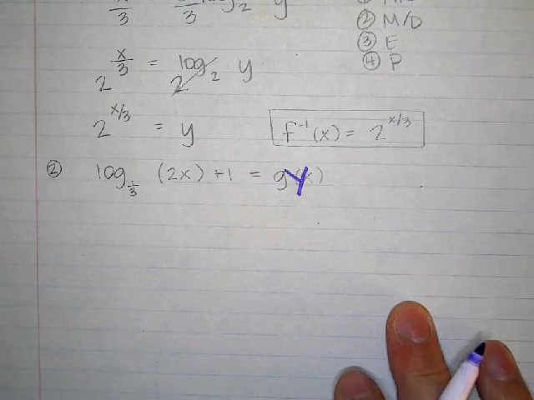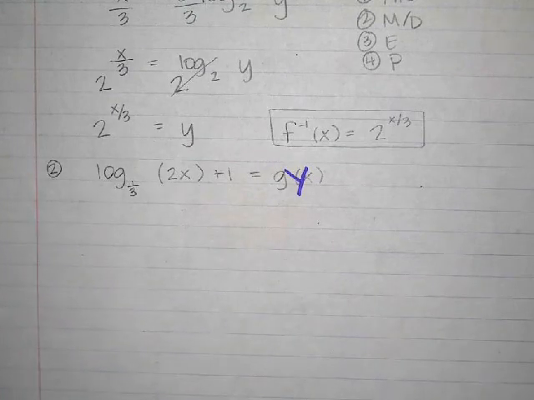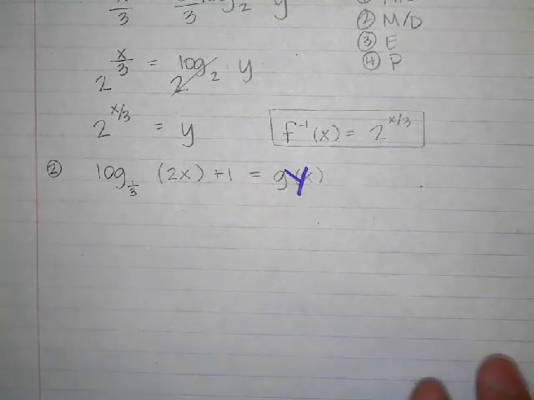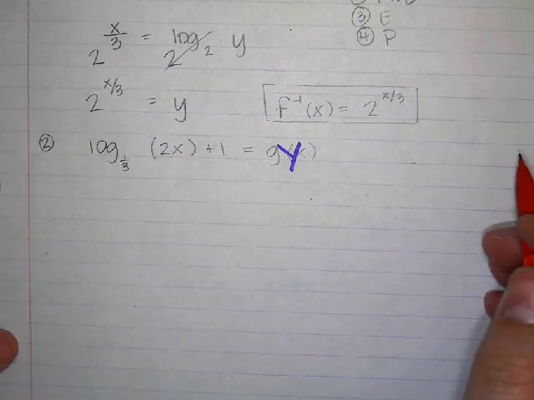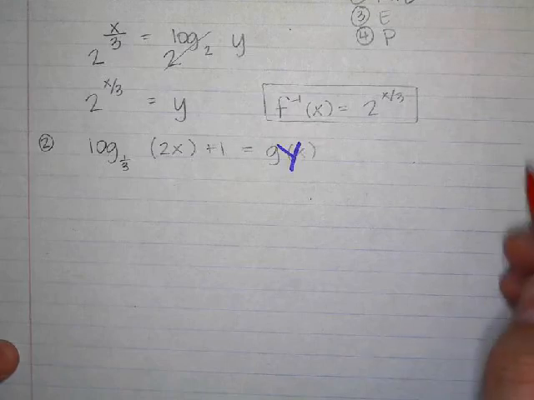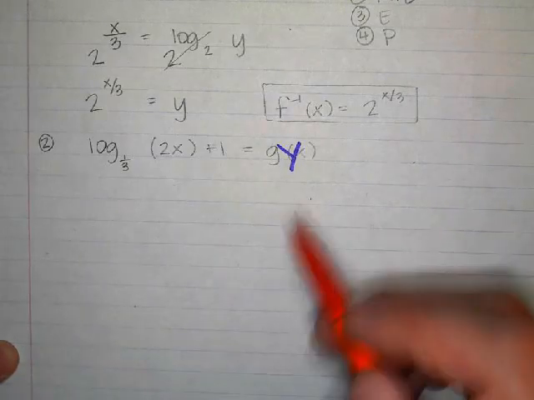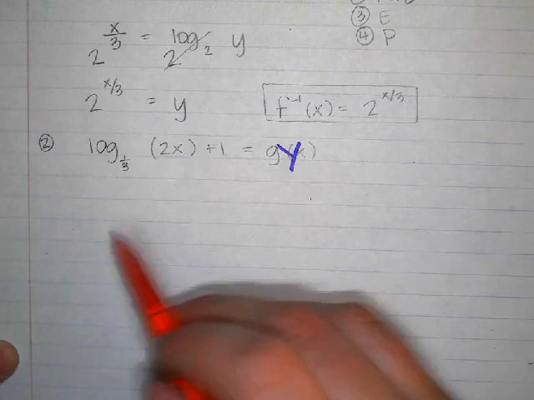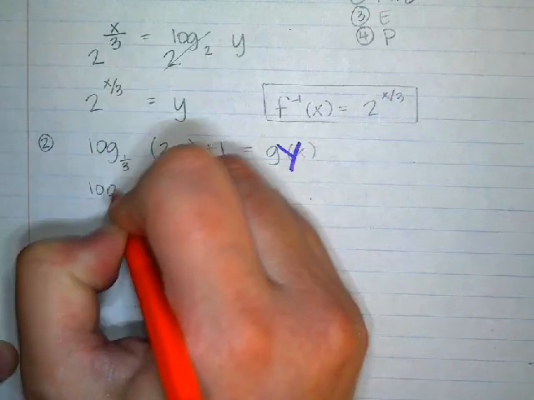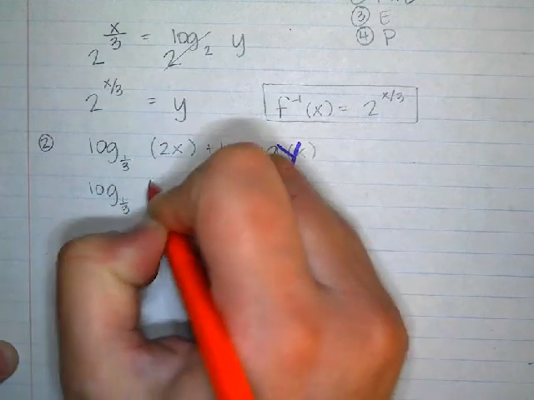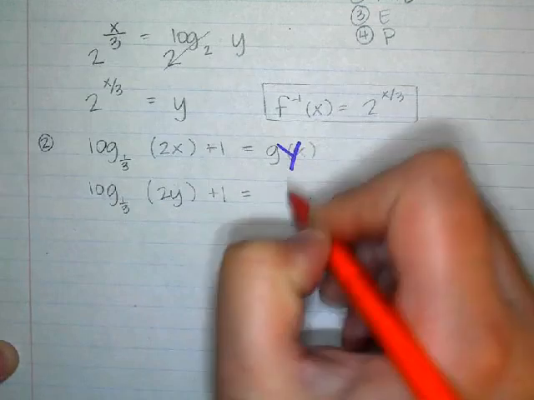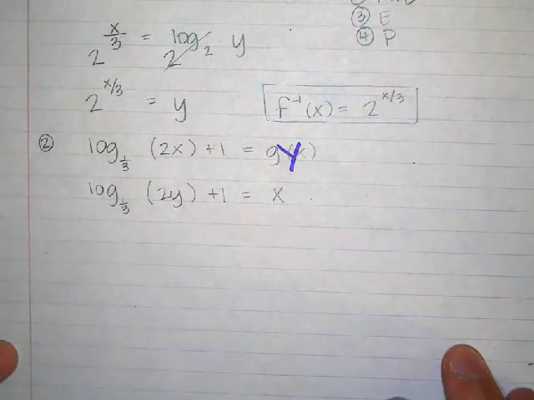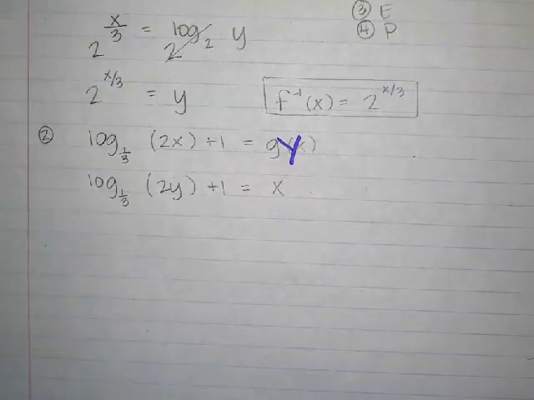All right, so what is my first step? Before that, trade the x and y. Okay, so I'm going to say log base 1/3 of 2y plus 1 equals x. All right, and then what should I do?